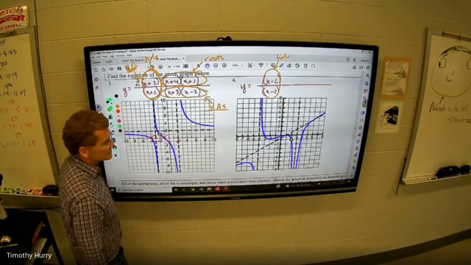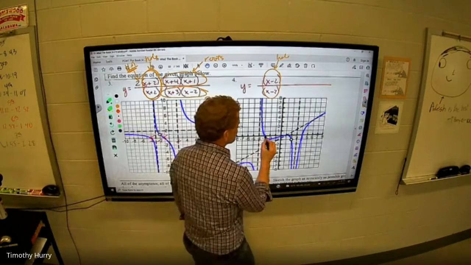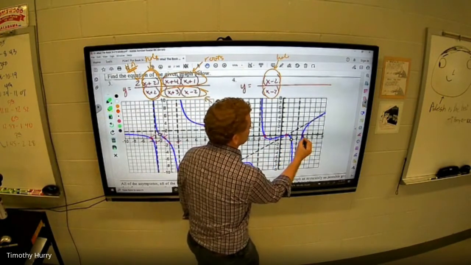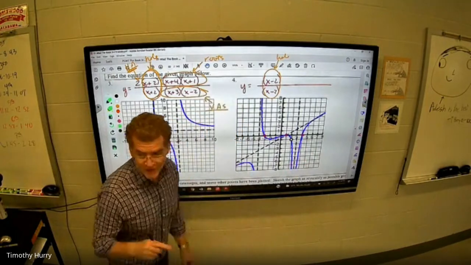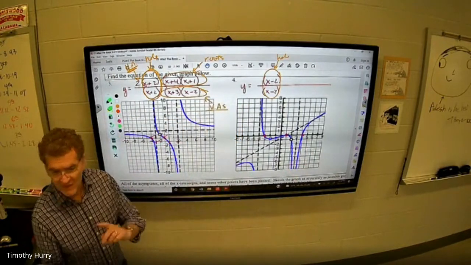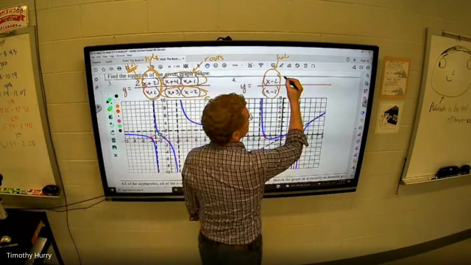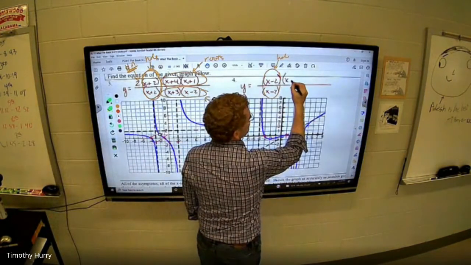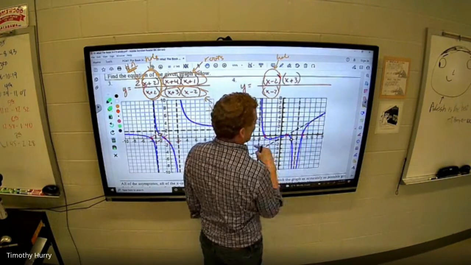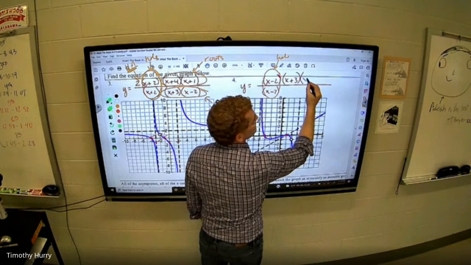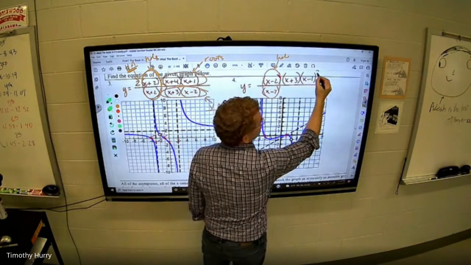Okay, your roots. Looks like it hits the x-axis here at -3 and at +1 and at +4. So where would those go? In the numerator, right? So the first one for the -3 would be x plus 3. The factor for +1 would be x minus 1 squared.